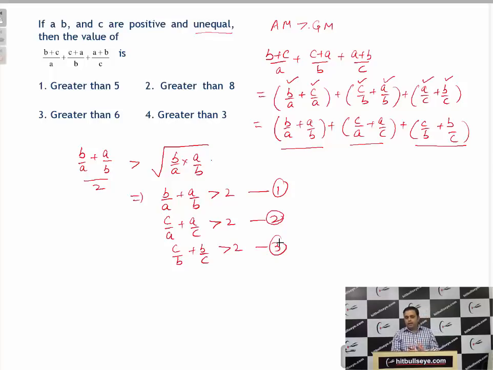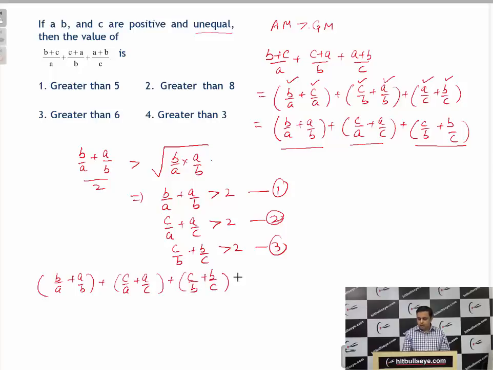Now if we add up these three inequalities, we will get B over A plus A over B plus C upon A plus A upon C plus C over B plus B over C greater than 6. And we know that this expression is nothing but the given expression.